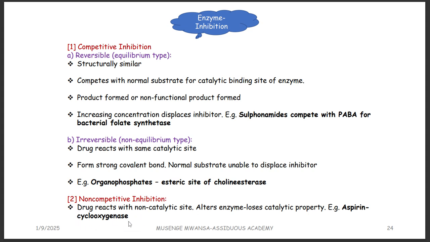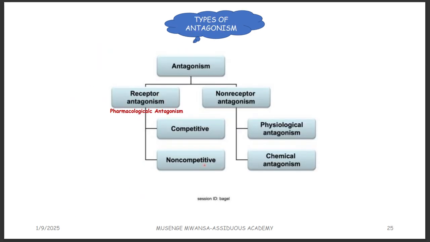So aspirin can actually bind and inhibit this enzyme. So it is non-competitive, it doesn't bind to the same site. So again, you can see antagonists. When you're talking about antagonism, you can have receptor antagonists or non-receptor antagonists.